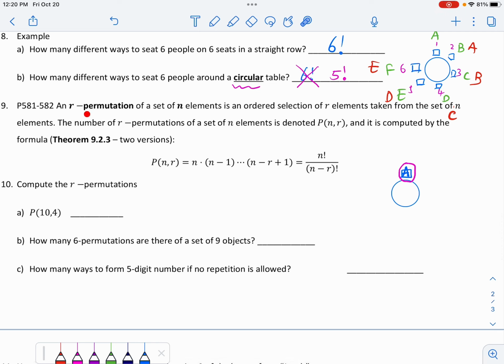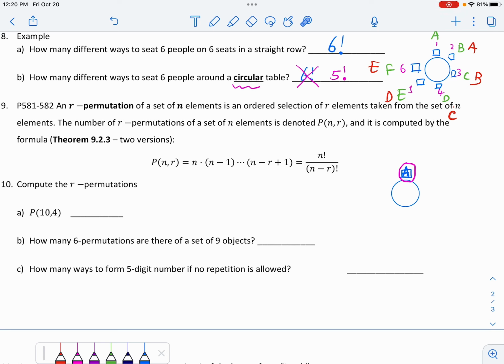Now, an R-permutation of a set of N elements is an ordered selection of R elements taken from the set of N elements. This is called an R-permutation. Basically, you have N elements available, but you're not going to order all N elements.